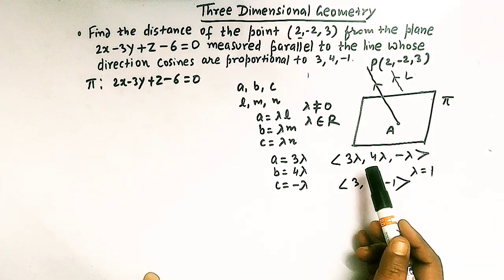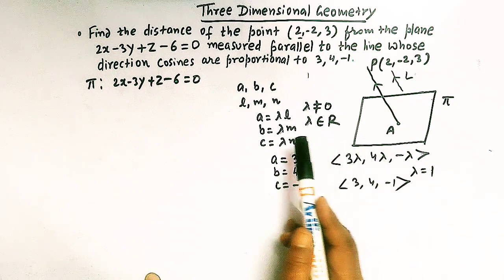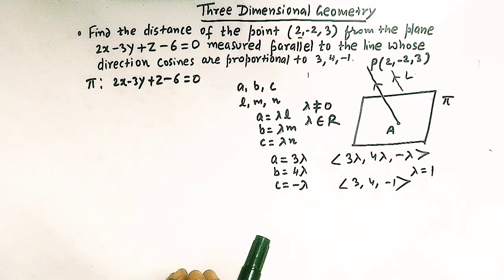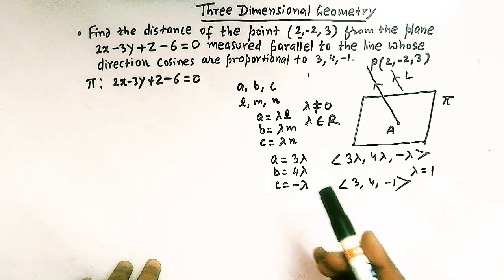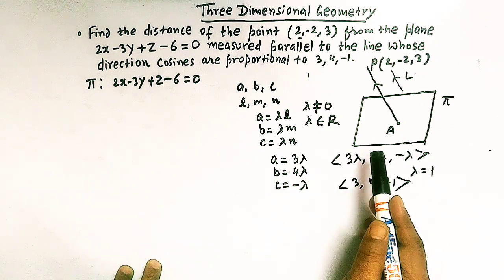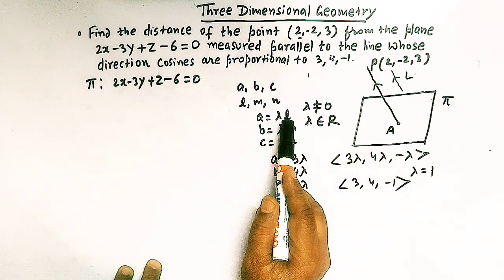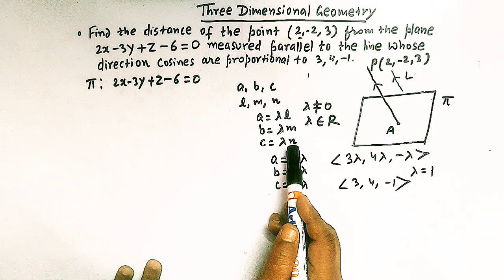Here it is important to note that since lambda is a non-zero real number, for any line there are infinitely many sets of direction ratios. And when we take lambda is equal to 1, then we have a is equal to l, b is equal to m, and c is equal to n.